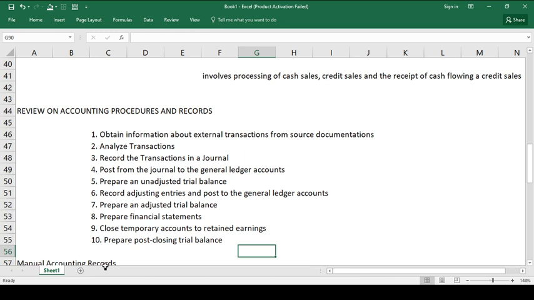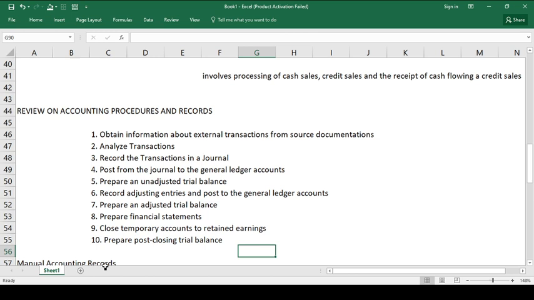If you want to know naman if you have acquired particular properties, you need to check whether meron po bang deed of sale. Pwede rin naman natin ma-check if there is a payment voucher related to the acquisition of that particular fixed asset.